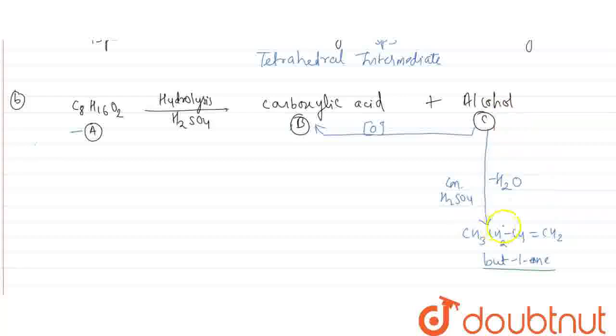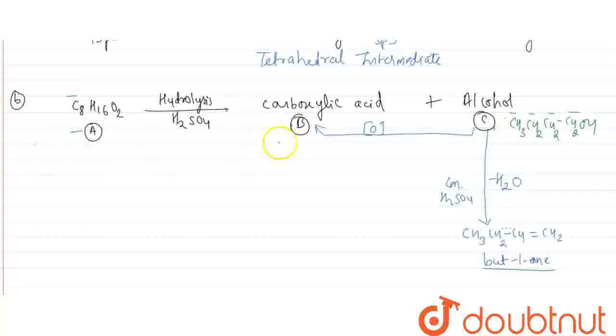Okay, otherwise the alkene can form here if the alcohol is 2 degree. Okay, so we get the structure of alcohol, and that structure of alcohol is CH3, CH2, CH2, CH2, OH, and it has 4 carbon. So the compound has 8 carbon. Okay, and it is a compound of ester.